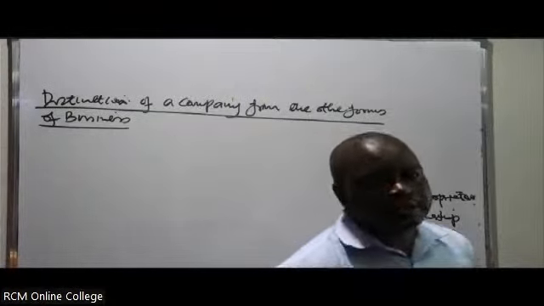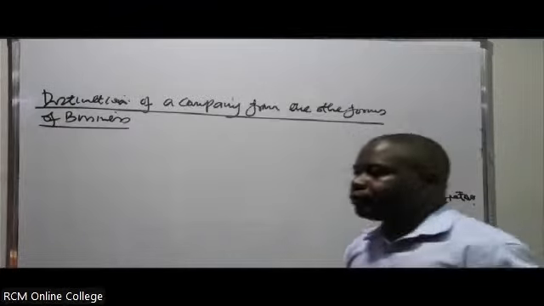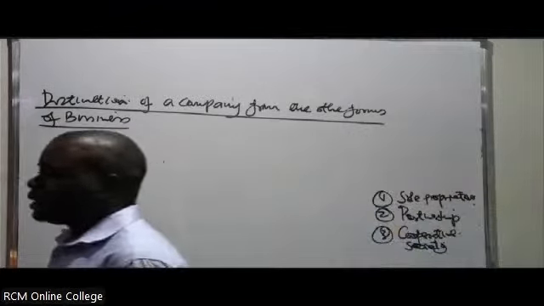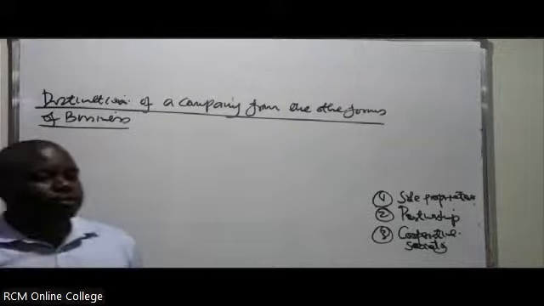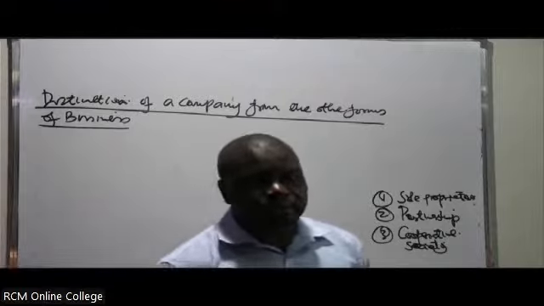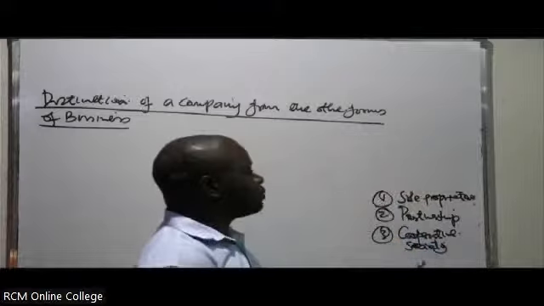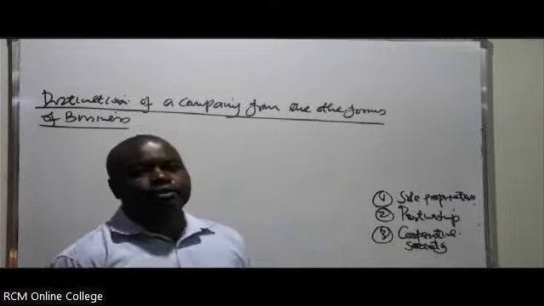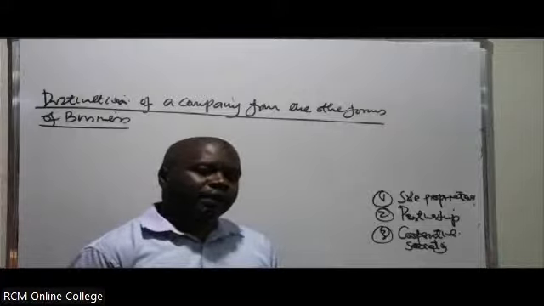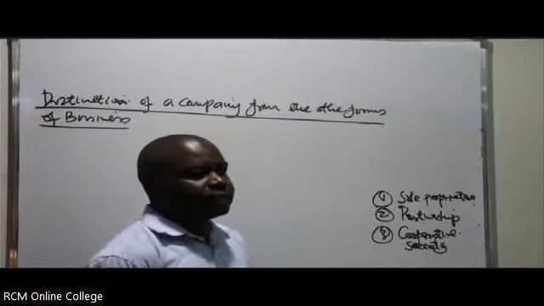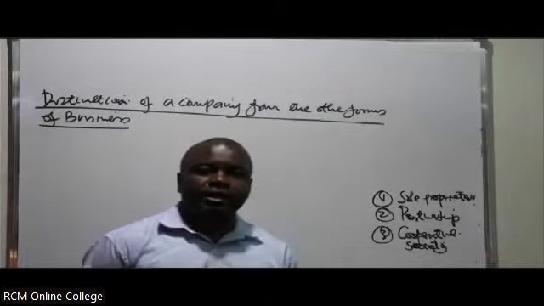It comes into existence through incorporation. So for us to distinguish a company from these other forms of business, it is important that you understand the features of these other forms of business. Then you compare: if you have a feature on this side, does it exist on the other side, with a company? As a result, you will be able to distinguish.